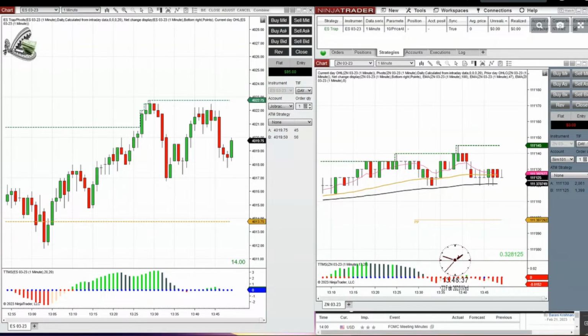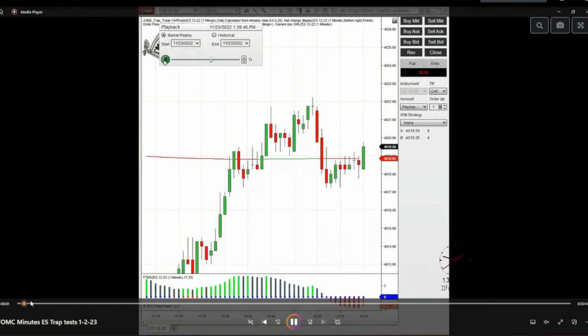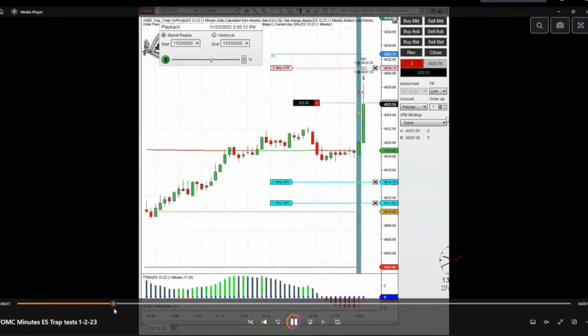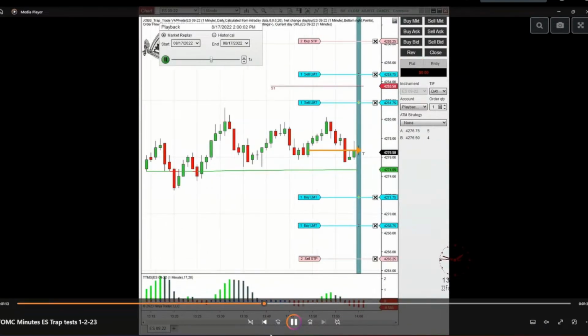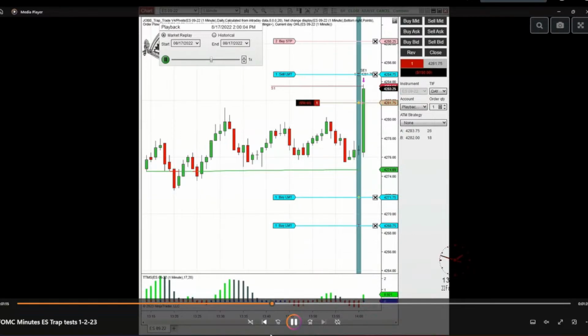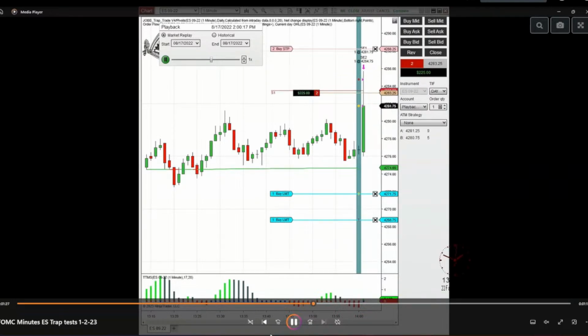I went a little bit further back. August. This was August. August, it shoots up, fills one tier, hangs around, fills the second tier, and then it changes direction, starts to.